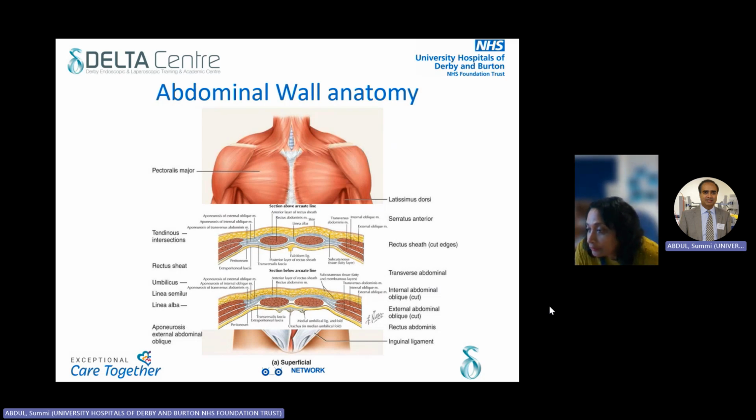As you can see, the aponeurosis of the transverse abdominis, internal and external oblique muscles lies above the rectus muscles. So you have to go through that to get into the peritoneum, whereas further up, above the arcuate line, it is enclosed because the aponeurosis splits to enclose the longitudinal muscles.